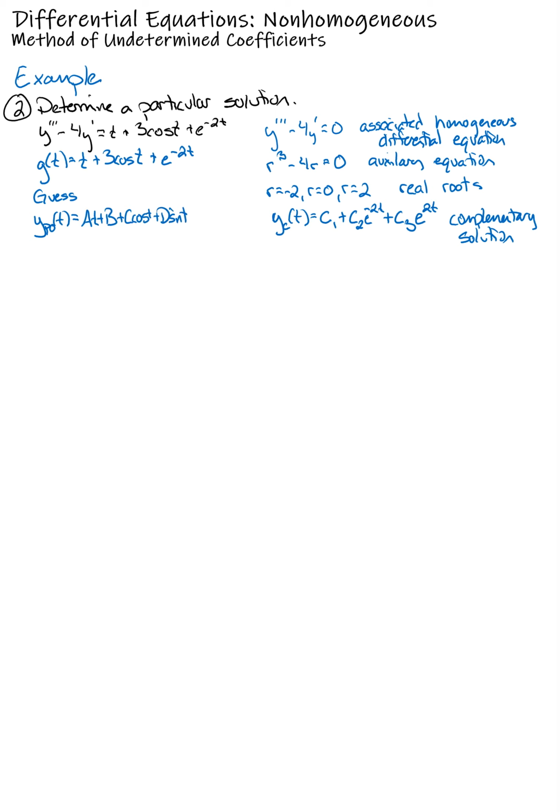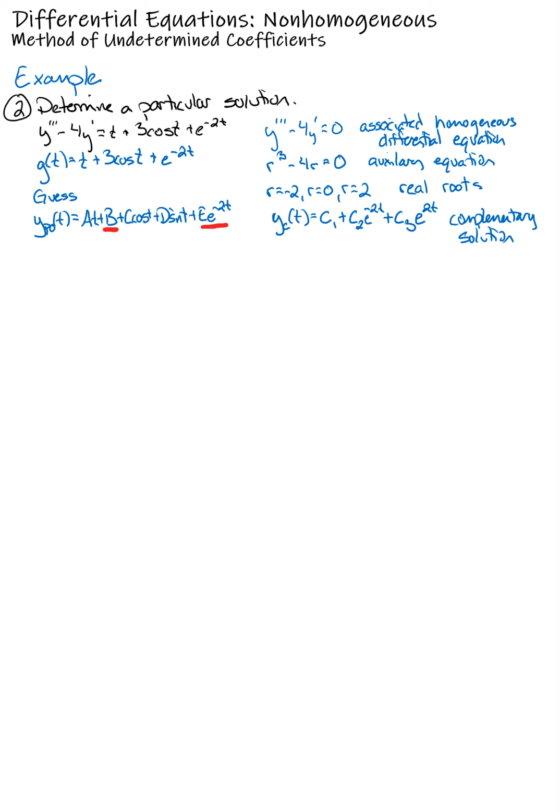And the e raised to a power portion gives me uppercase E times e raised to the negative 2t. Some things I notice here: the constant shows up in my complementary solution, can't have that, and the term that has e raised to the negative 2t also shows up in my complementary solution. So those are not allowed.